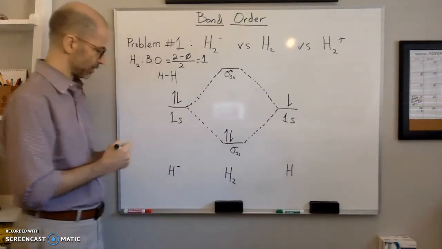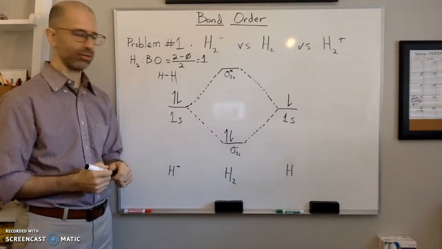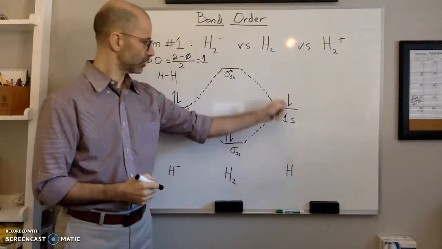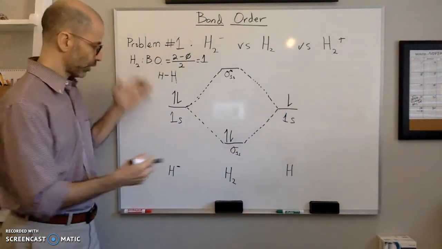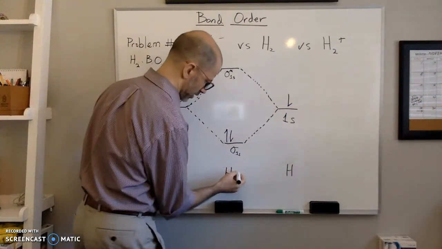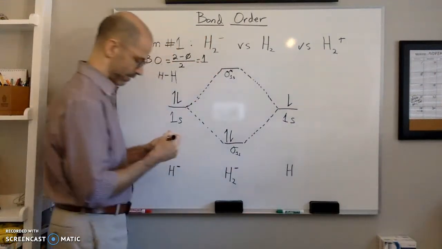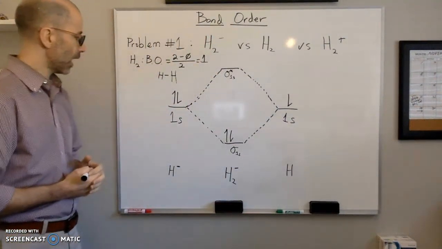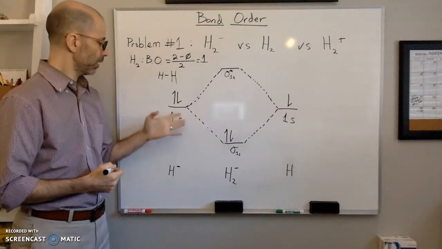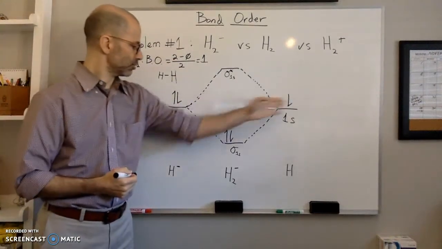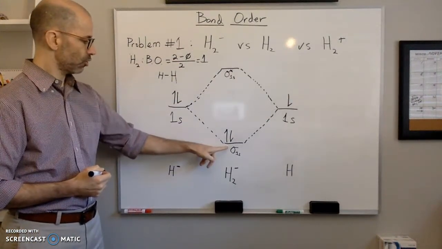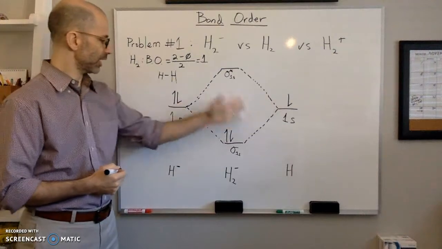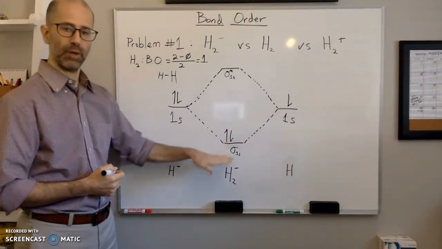So now this has 2 electrons. This is just hydrogen with 1 electron. So when you add these together, the molecule will have an extra electron as well. So how do you do this? Now we have 3 electrons here, and we're going to build up from bottom to top.